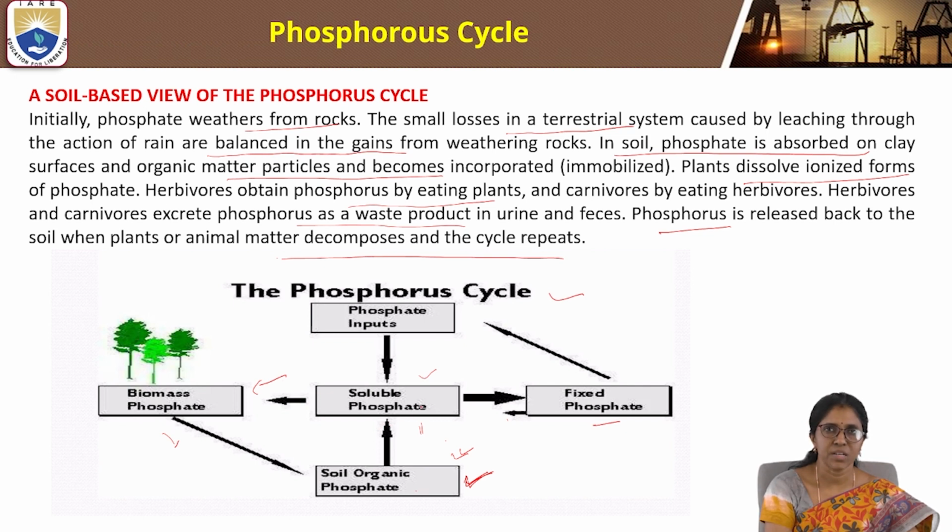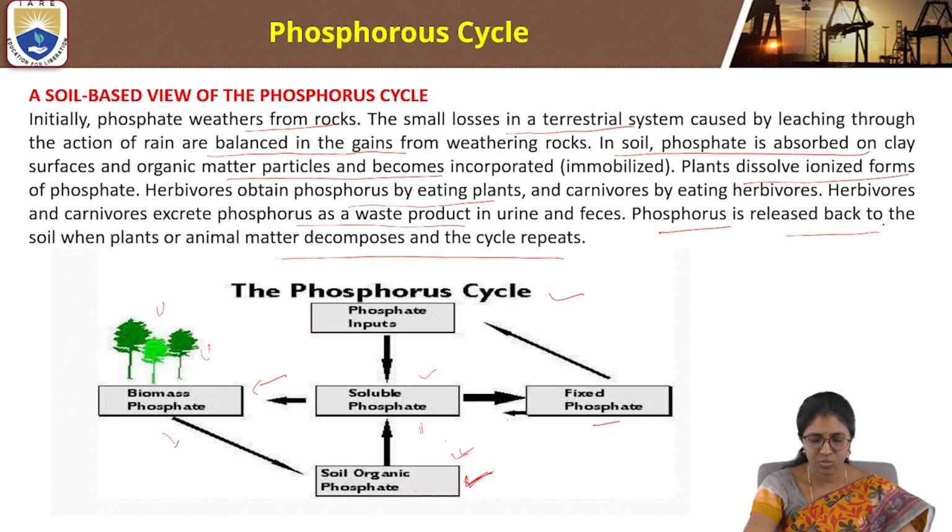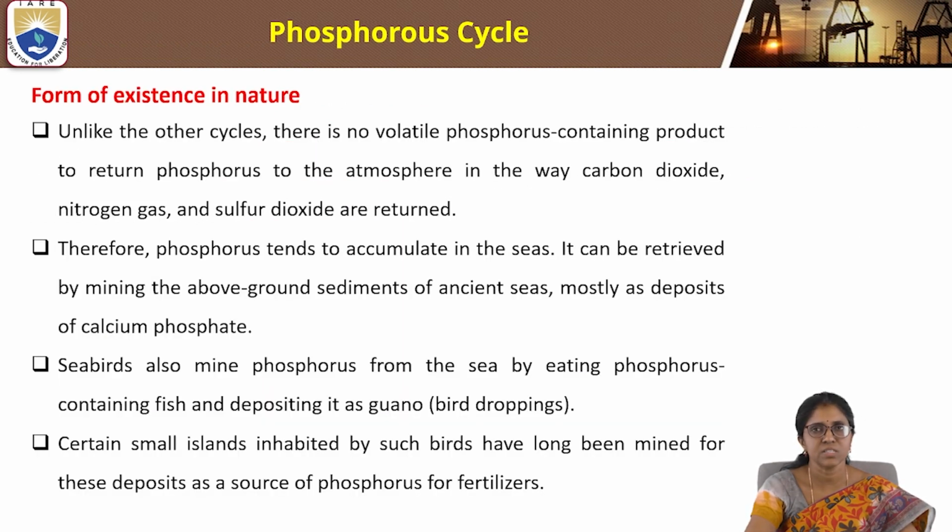Herbivores obtain phosphorus by eating plants, and carnivores get phosphorus by eating herbivores. After that, herbivores as well as carnivores excrete phosphorus as a waste product in urine and feces. This phosphorus is again released back to the soil. So this is the soil based view of the phosphorus cycle.